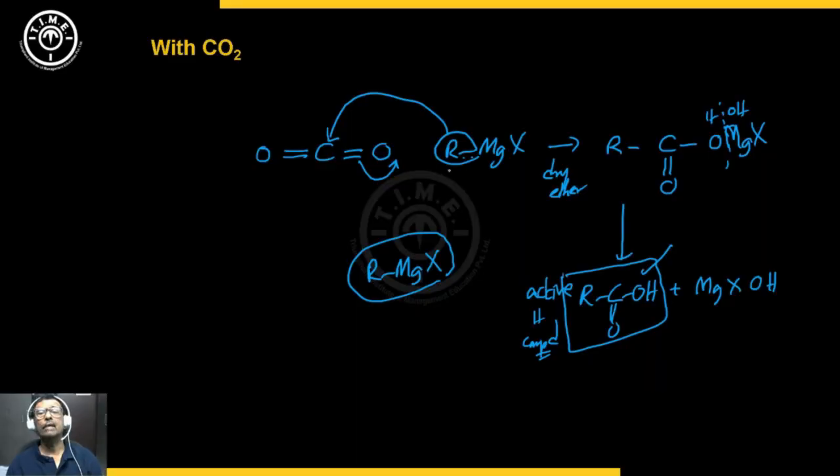So you have to take calculated quantities of RMgX. You should not have excess of RMgX. If it is there, then it is going to react with the product itself, right? So that should not happen. So if you are particular in forming the carboxylic acid and not getting any other byproducts, you should take calculated quantities of RMgX for how much CO2, how much of RMgX has to be taken up.